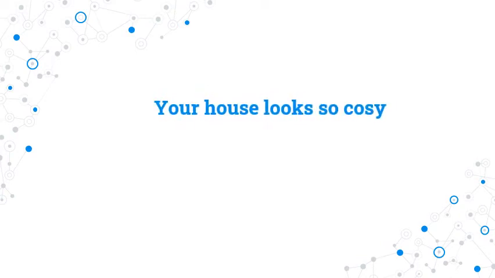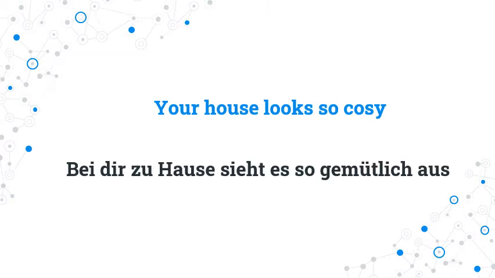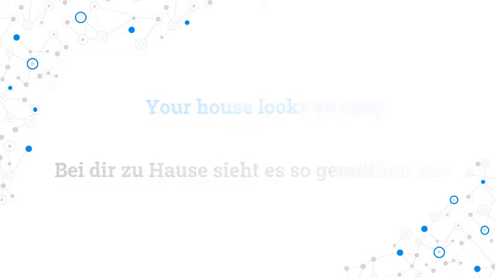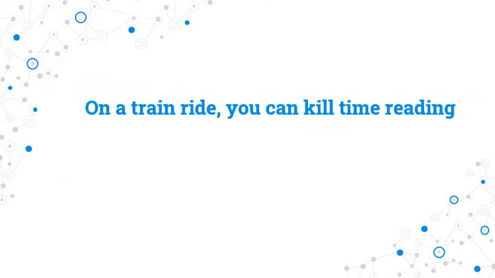How do you say, "Your house looks cozy," in German? Bei dir zu Hause sieht es so gemütlich aus. How do you say, "On a train ride, you can kill time reading," in German?